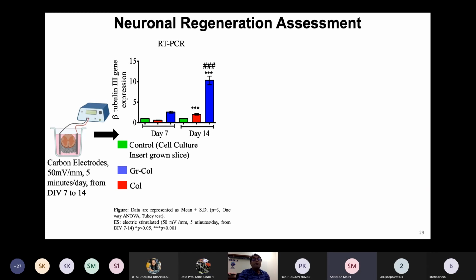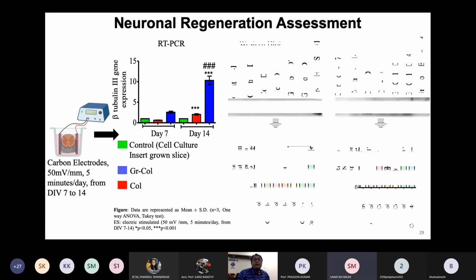Much higher expression was seen at day 14. We constantly gave this treatment of 50 millivolts per millimeter for 5 minutes per day from day 7 to day 14, and at day 14 we found a much higher expression of beta tubulin, which suggests that current is further promoting the maturation of the neuronal markers.